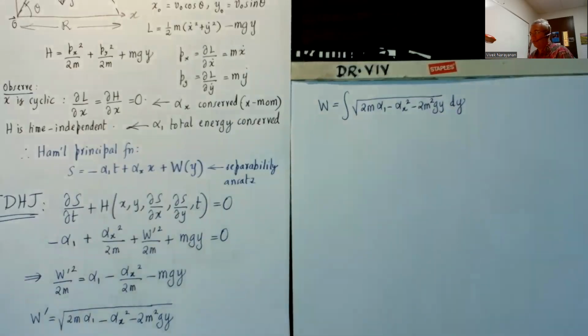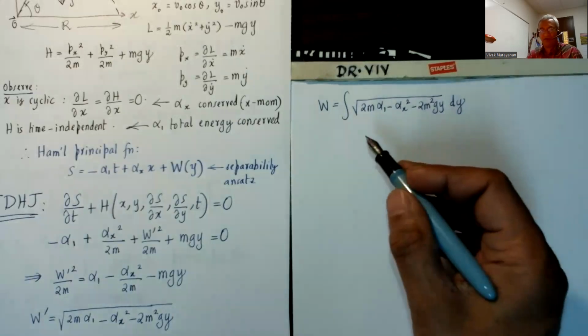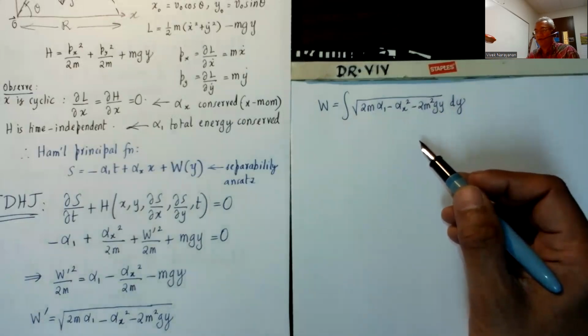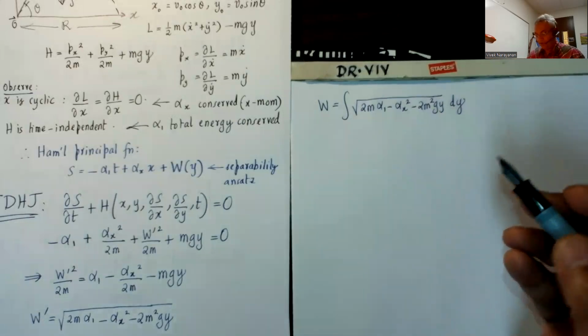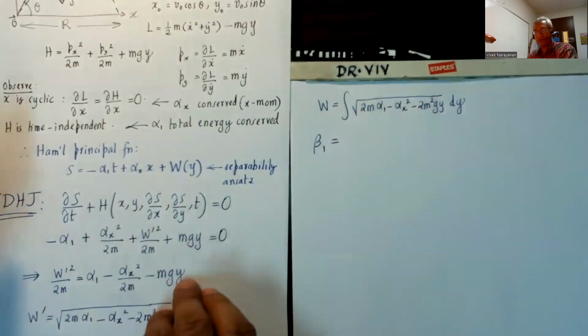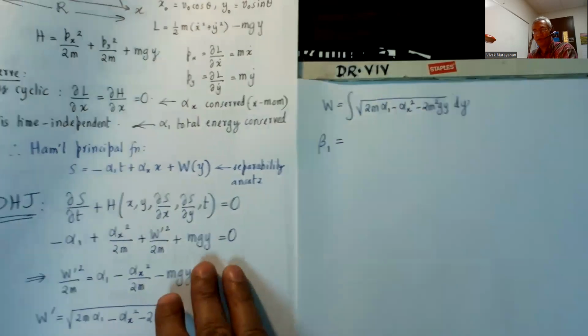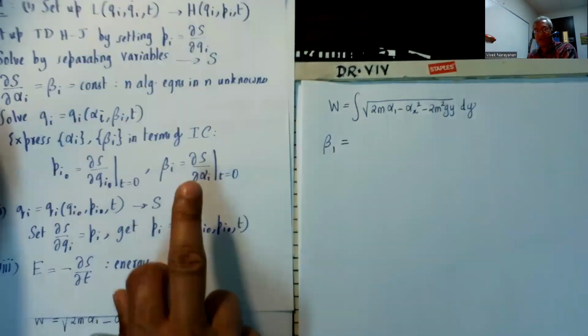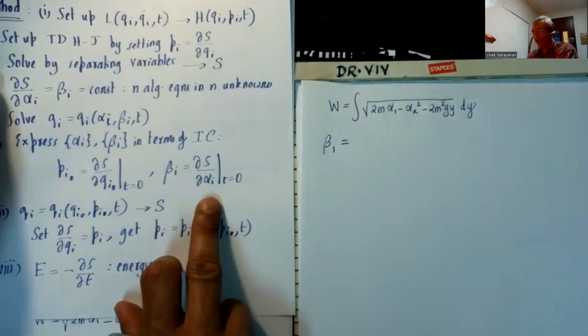Well, sometimes you really don't have to do much at all. The W is there. You don't really have to integrate it, because the really interesting things are derivatives of W. For example, what is beta 1? By the general principles of the Hamilton-Jacobi method, beta i is del S by del alpha i.